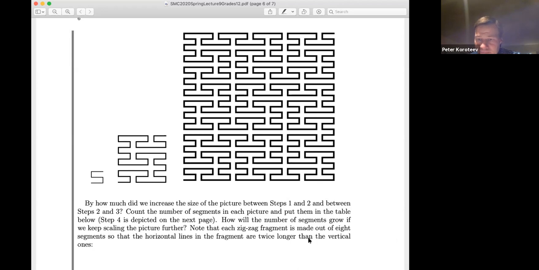That's 80, right? Okay, and then let's finally find the number of segments in the third picture.